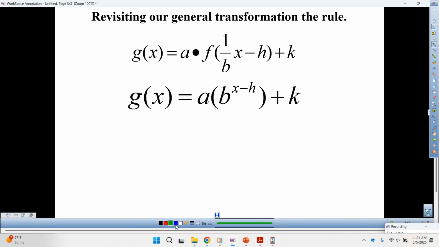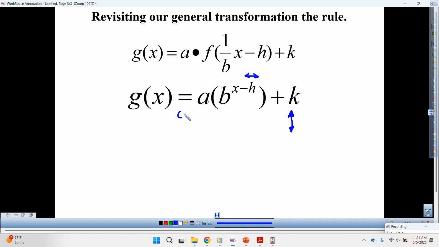So once again, refresher. What does k do? Renzo said up and down. So you're going to draw a little arrow up and down right below the k. H moves it side to side according to Caesar. That is correct.